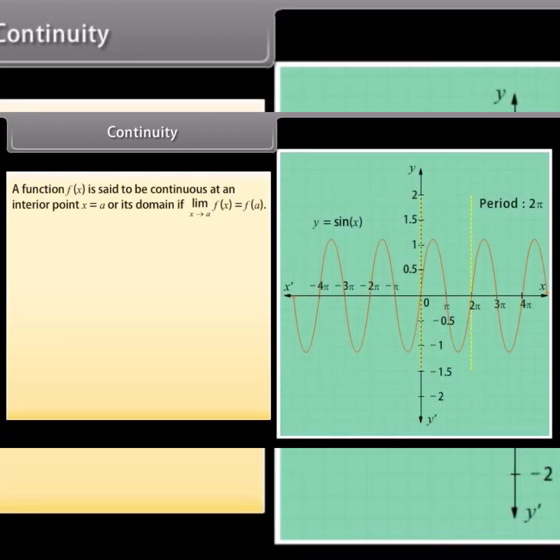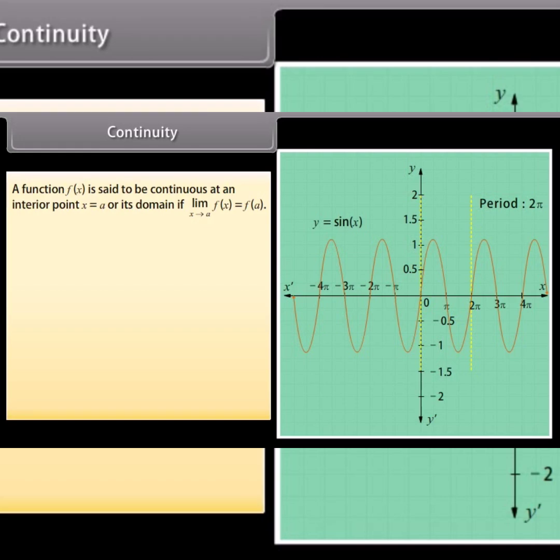Continuity. A function f(x) is said to be continuous at an interior point x = a of its domain if limit x tends to a, f of x is equal to f of a.